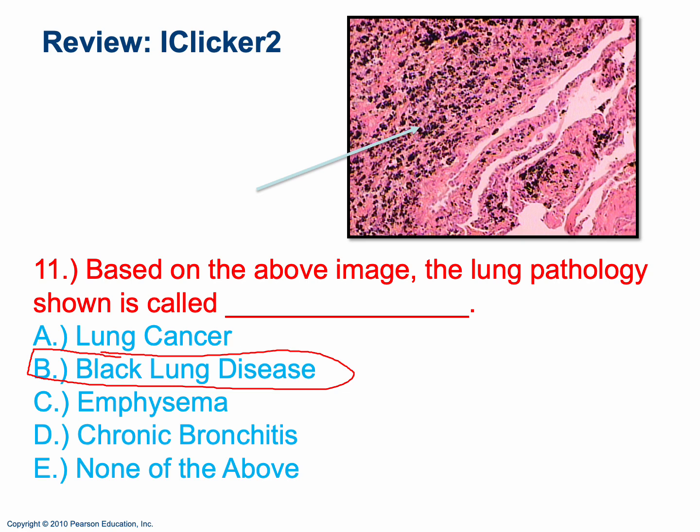So that's the correct answer here. And you know that to be true because all of the black carbon here, all that carbon buildup is a big clue that yes, this is black lung disease. So that's the common name. There's other common names for this too, such as smoker's lung disease or coal miner's lung disease. So several different common names here.